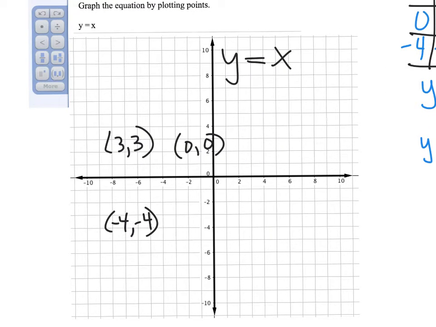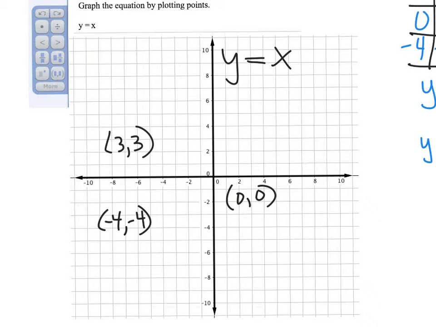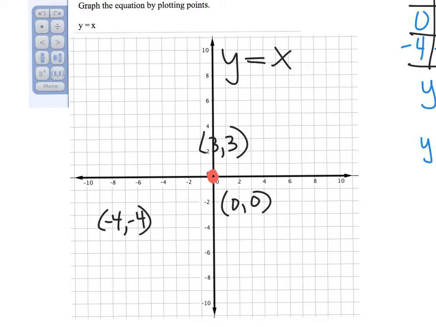So where is 0, 0? Well, 0, 0 is really easy. We know where 0, 0 goes. It goes right in the origin. All right, and so 0, 0 goes right here. And then where does 3, 3 go? Well, 3, 3 is going to go over 3, up 3. And so our point is right there, 3, 3. And we see the beginning of our line, but we need that third point as confirmation that we've done it correctly.